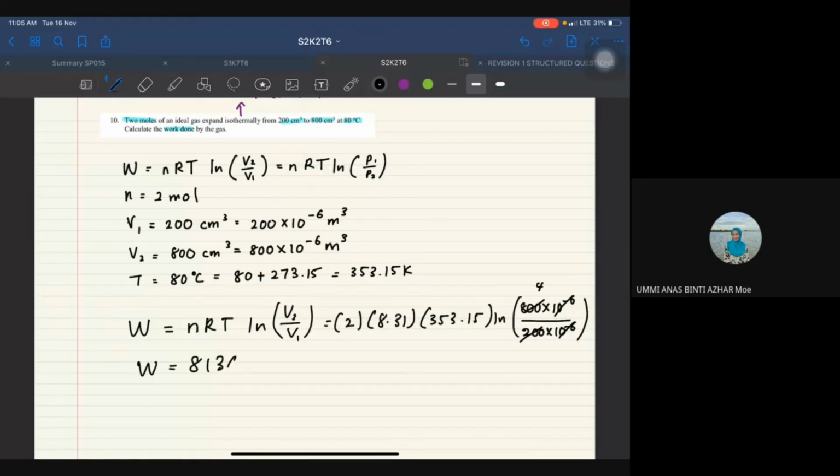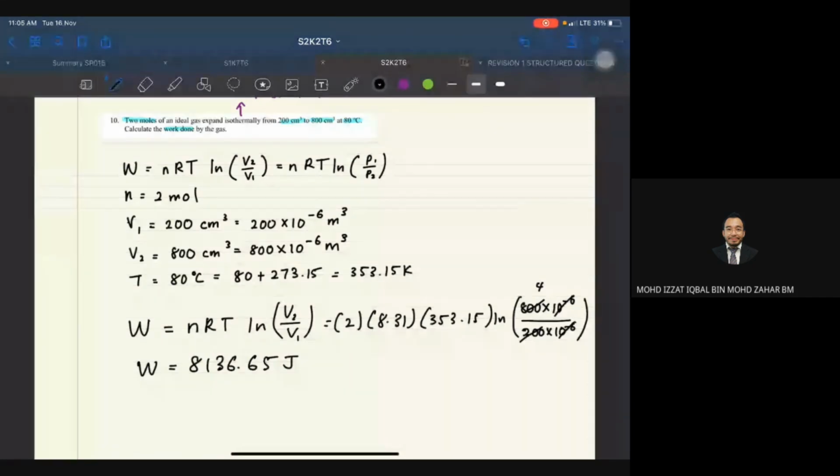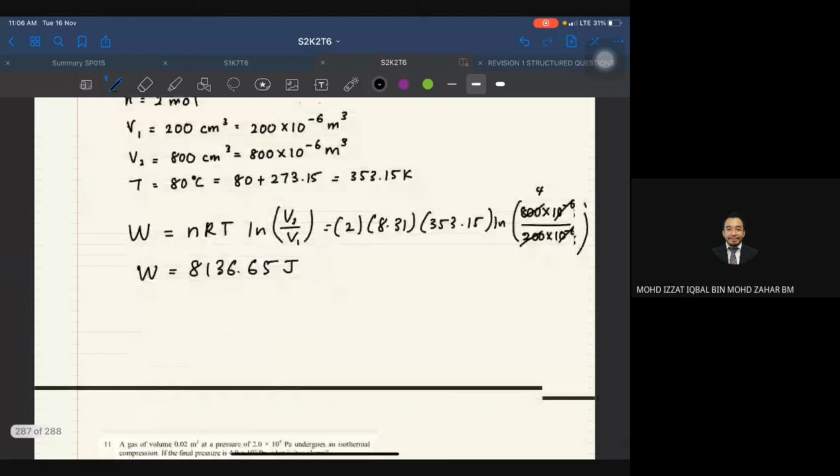Work done. 8136.65. Okay, yang lain dapat sama. Sama sir. Okay, very good. So this is the answer lah. Just leave it like this. Senang je kan.